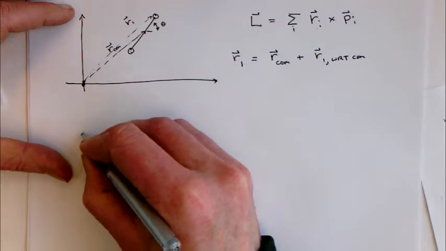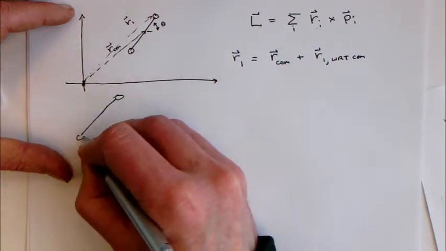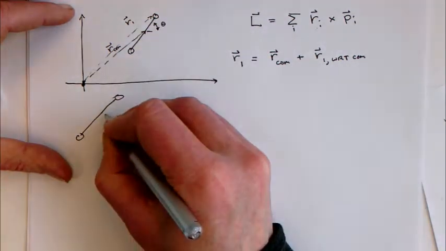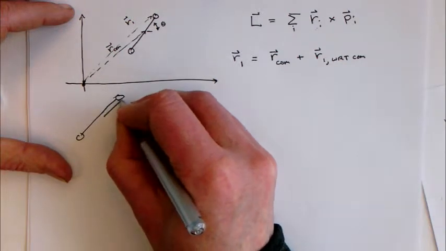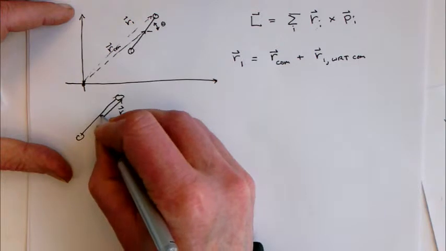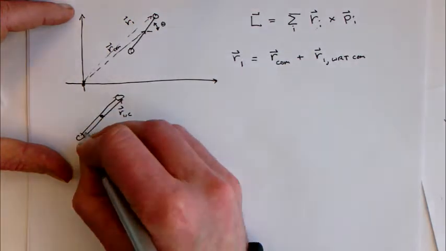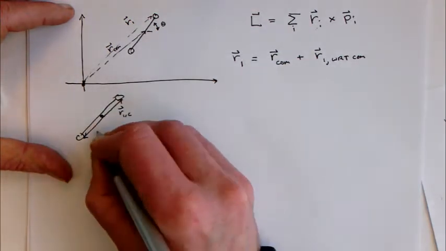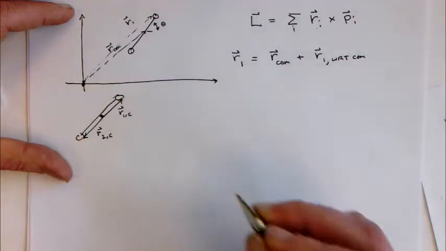So I could blow up my dumbbell a little bit and say that this vector is R1,C, the vector that goes from the center of mass to the first mass, and the vector that goes from the center of mass to the second mass is R2,C.